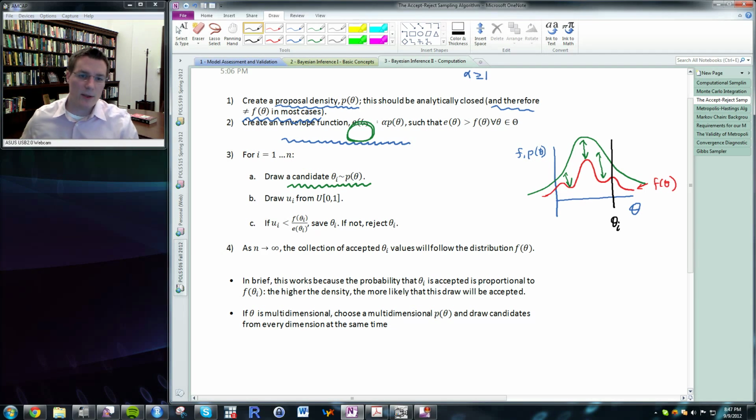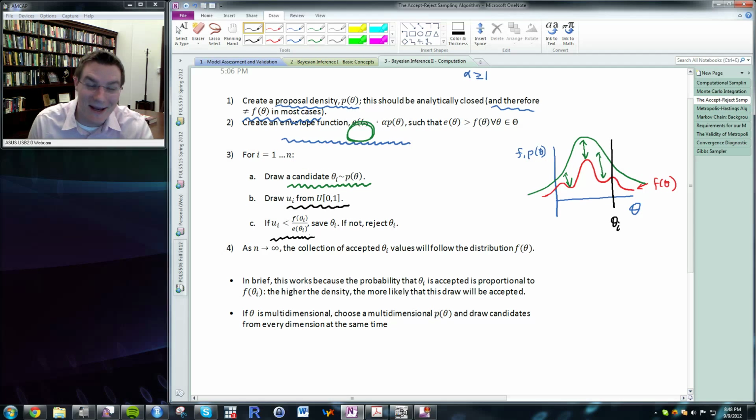Well, I'm going to draw a value from the uniform density, and I'm going to accept theta i, my candidate, as being a sample from f of theta if u i is less than f of theta divided by e of theta. That's it. That's all I'm doing.